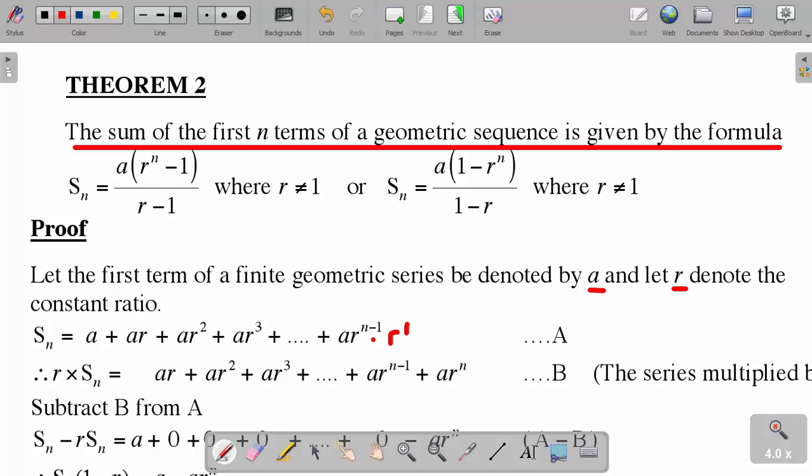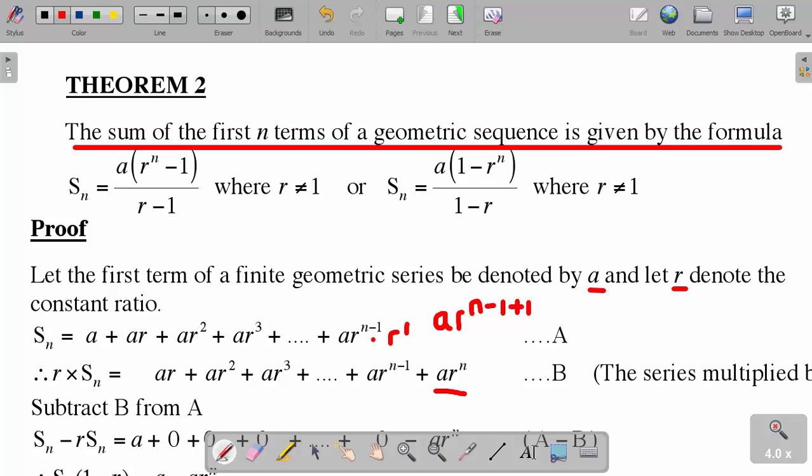Because I have the same base R, I'm going to have A, then R to the power n minus 1 plus 1, because when you are multiplying and you have the same base with exponents, you add the exponents. So now negative 1 plus 1 gives me 0. That's why my answer is left as A r to the power n.